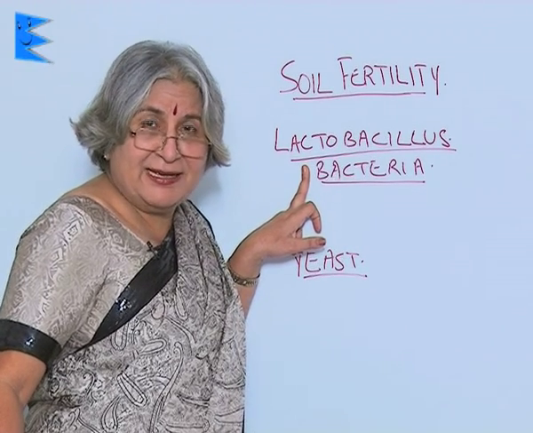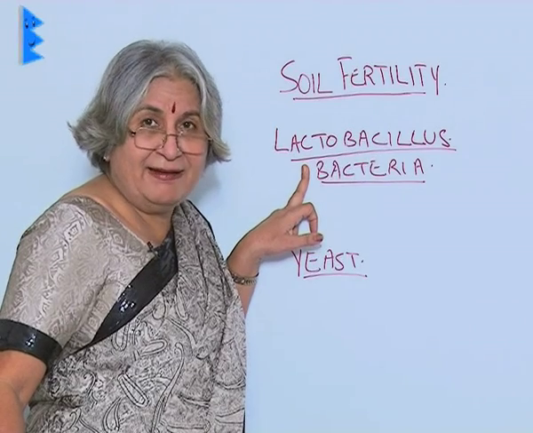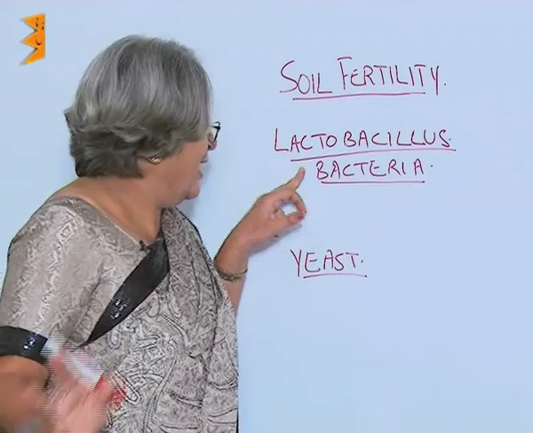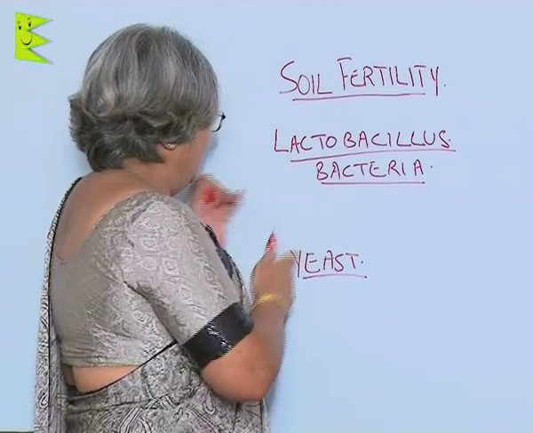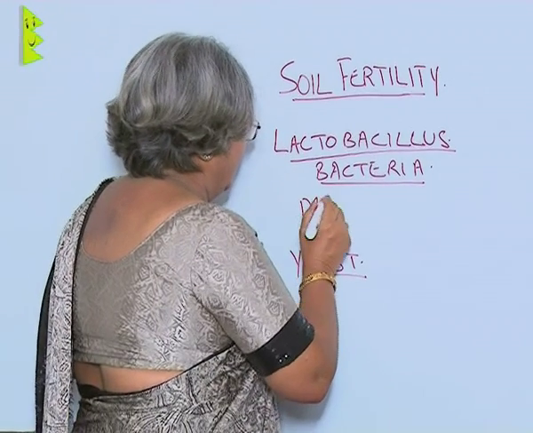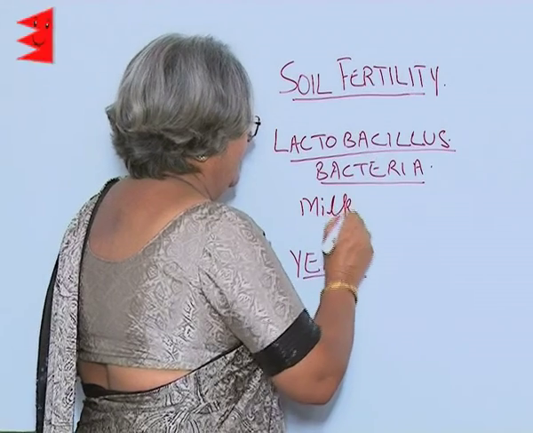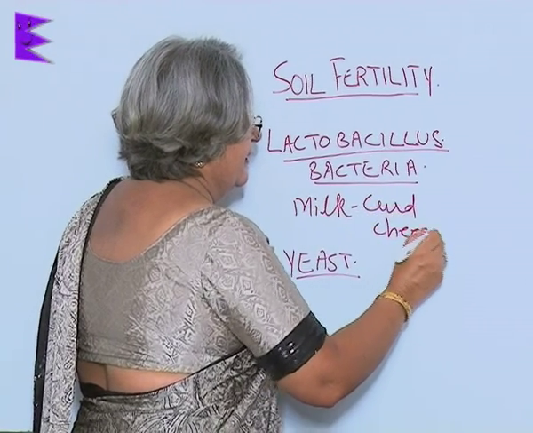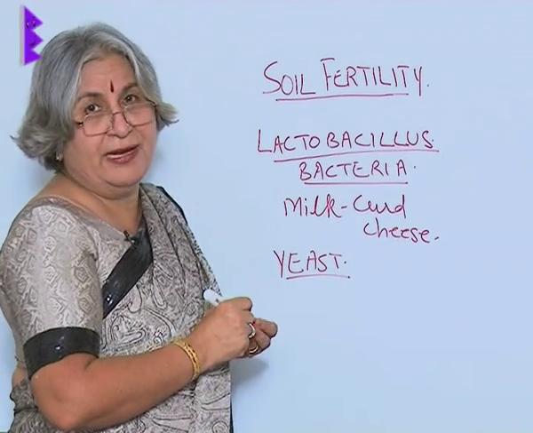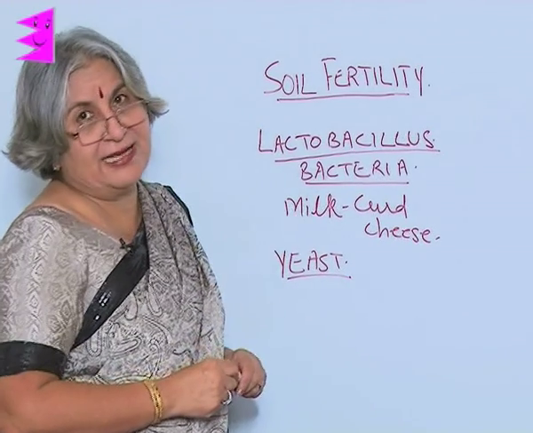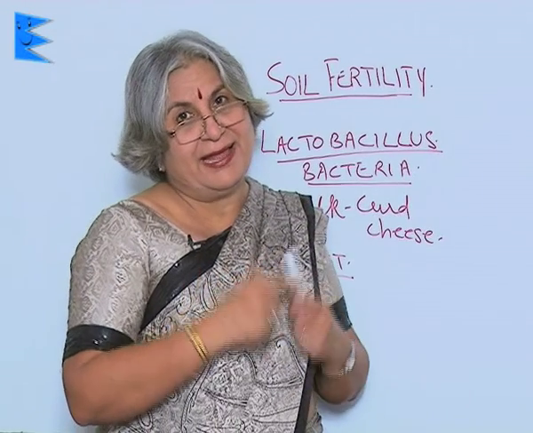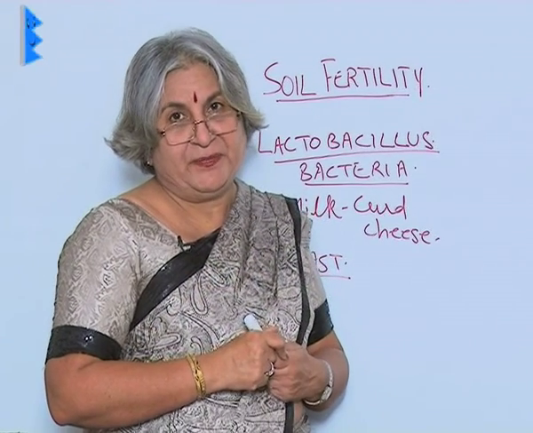So, Lactobacillus is that bacteria which is rod shaped and can change milk to curd. How nice! So, another friend, in fact, even cheese is converted from milk, and the bacteria has a role to play in this. So, so many things we get by the action of bacteria.